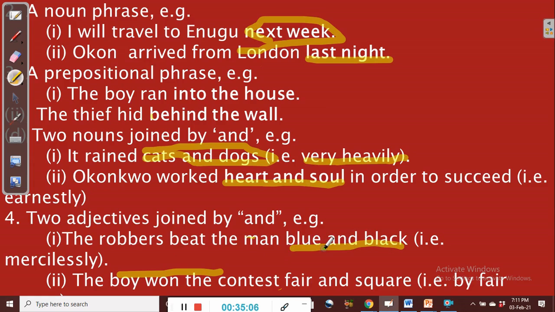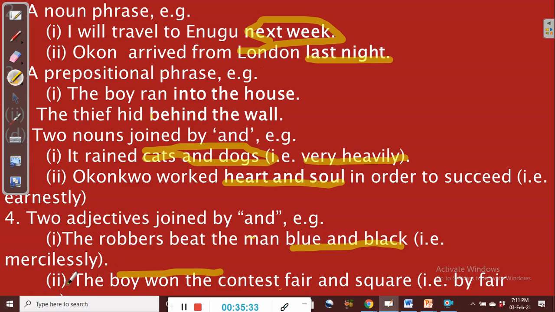The robbers beat the man mercilessly. So blue and black is structurally what one could call two adjectives. But here the actual function of this compound adjective is the adverbial phrase, because they are telling us more about the beating.